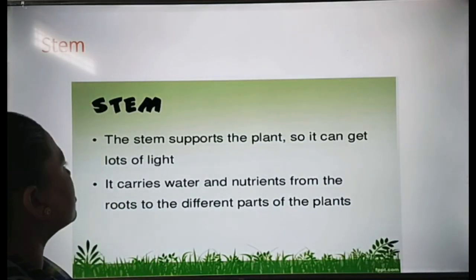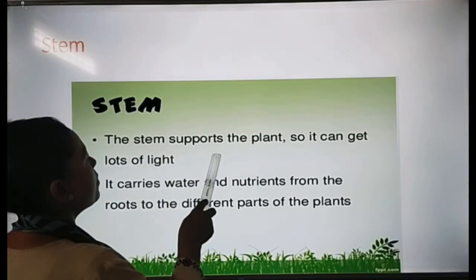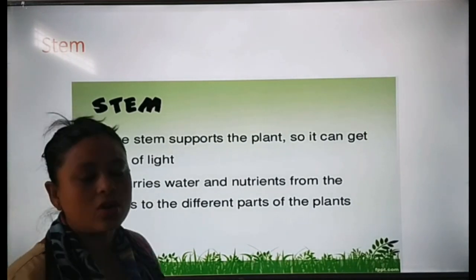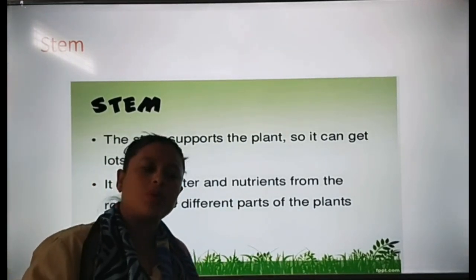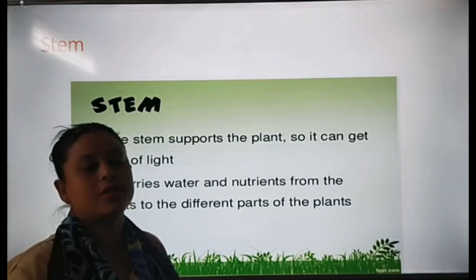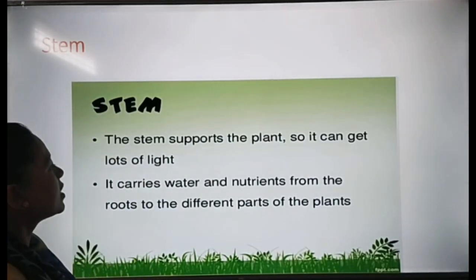Now what is the function of the stem? Let us study. The stem supports the plant so that it can get lots of sunlight from the sun.